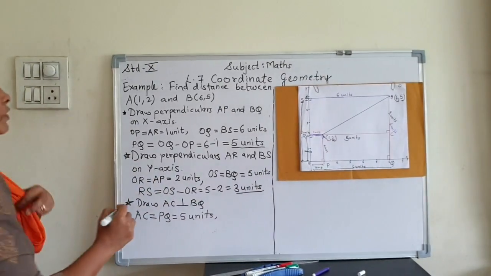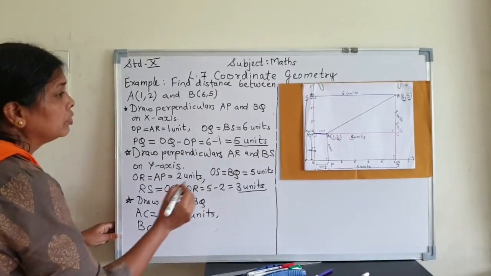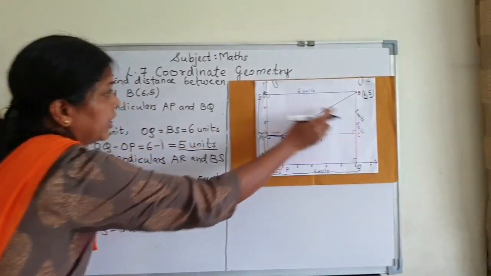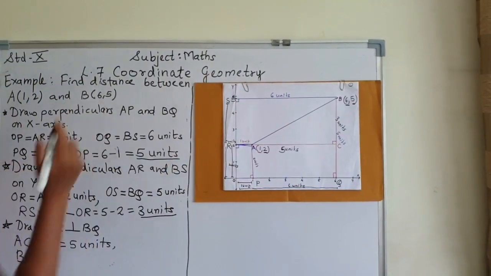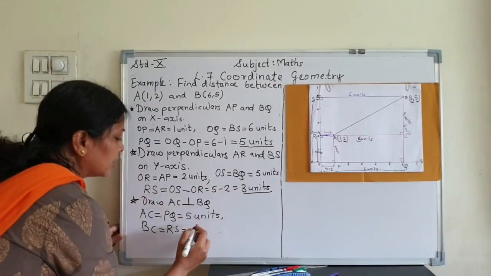And this BC is equal to RS, that we have found here as 3 units.